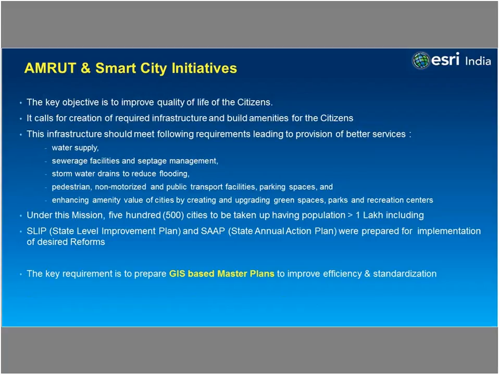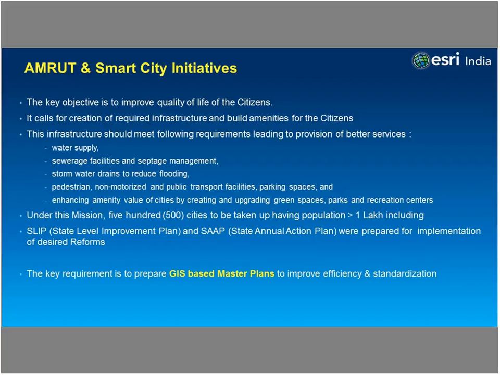This infrastructure should meet the following requirements, leading to better services with respect to water supply, sewerage facilities, septic management, stormwater drainage management, reduced flooding, pedestrian and open space management, parking, green area management, and enhancing amenity values for the cities. These are the key requirements when we talk about the citizens' quality of life, and that is all based on properly prepared master plans.